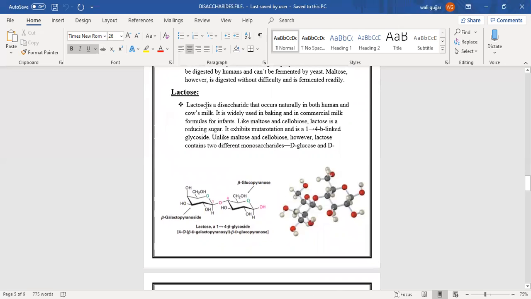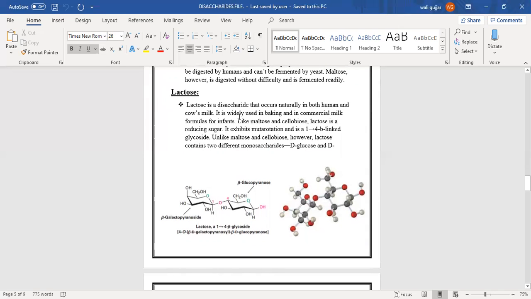The second example is lactose. Lactose is a disaccharide that occurs naturally in both human and cow's milk. It is widely used in baking and in commercial milk formulas for infants. Like maltose and cellobiose, lactose is a reducing sugar. It exhibits mutarotation and is a 1,4-beta-linked glycoside.